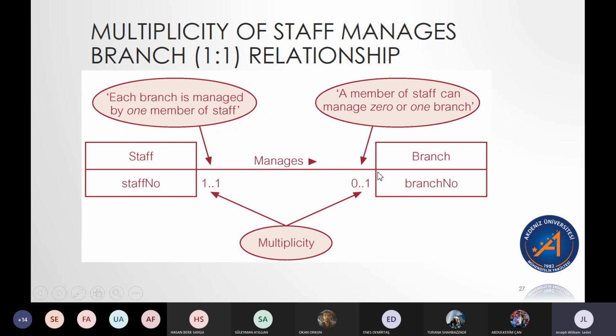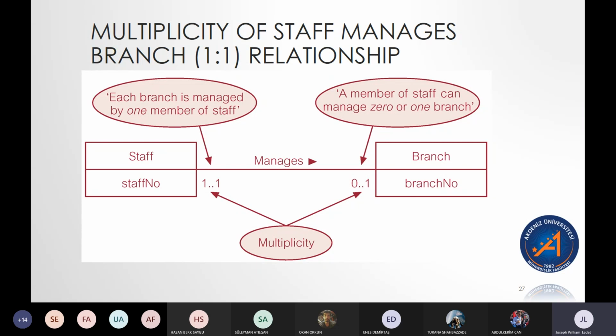Branch must have a staff person as its manager. But the staff participation is optional on the manager's relationship. Just because a staff person exists does not mean they must manage a branch.